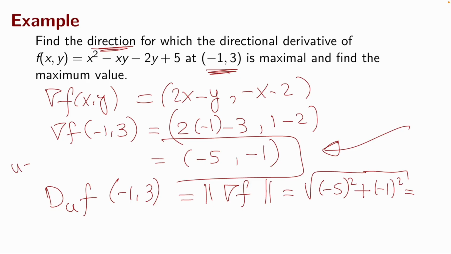But now u is the gradient of f at (-1, 3), so it's this particular direction u. And this is going to be the norm of the gradient, which is just the root of 26. Okay, so this is then the maximal value of the derivative.